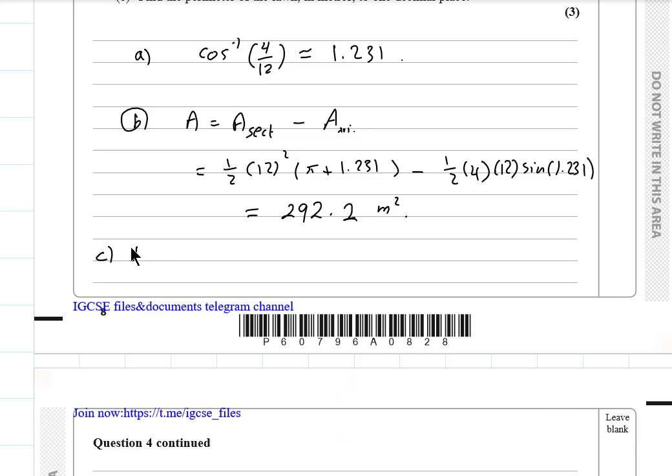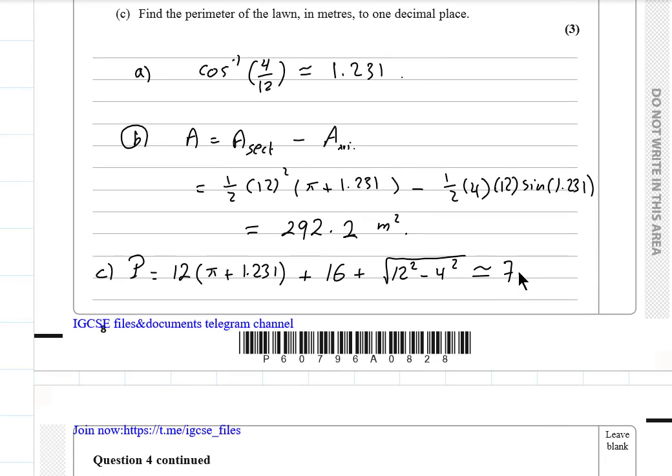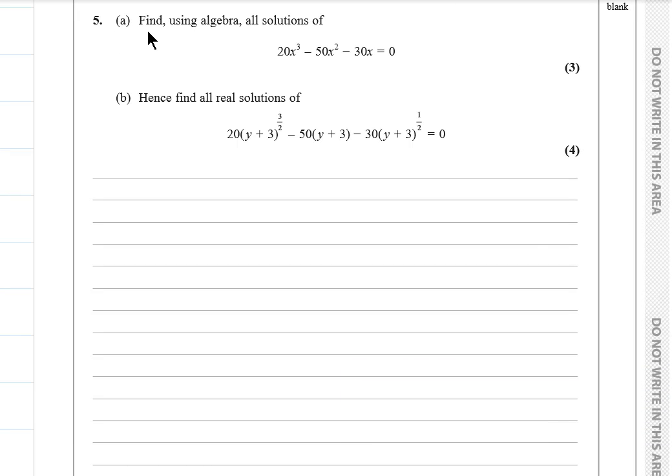The perimeter will be r, which is 12, times theta, which is pi plus 1.231, and then plus 16, 12 plus 4, plus the square root of the hypotenuse squared, 12 squared minus 4 squared. And the answer to 1 decimal place will be 79.8 meters.